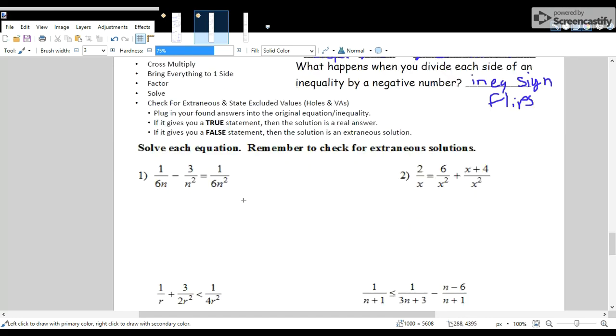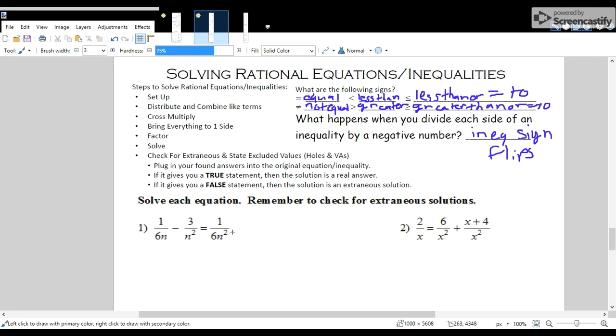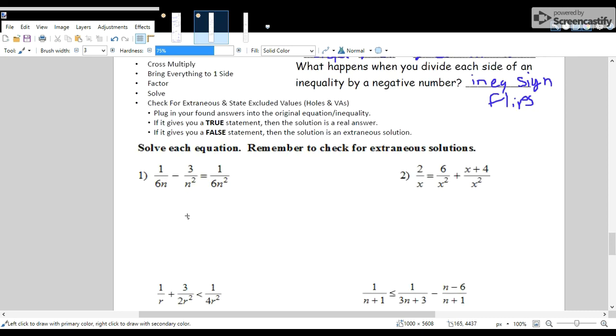Okay, let's solve an equation here. And you check for extraneous solutions at the end. So let's set this up first. Let's make all of these have 6n squared with it.